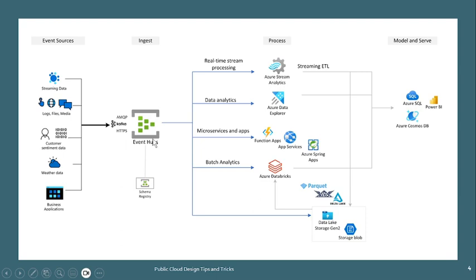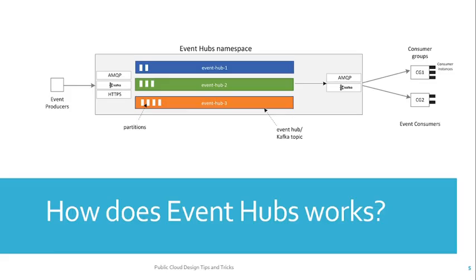As we understood, it's a kind of broker where a source provides streams of event data, and it ingests it, processes it, and then creates a model and serves it. That is the basic architecture of Azure Event Hubs. This diagram I have fetched from the Microsoft documentation. You can get it in the link provided in the description.